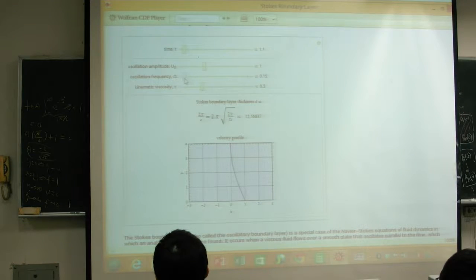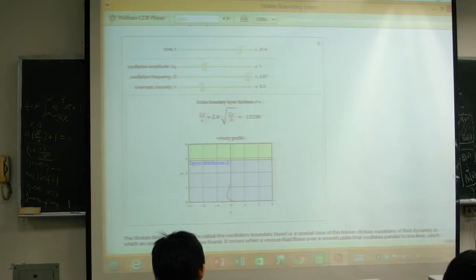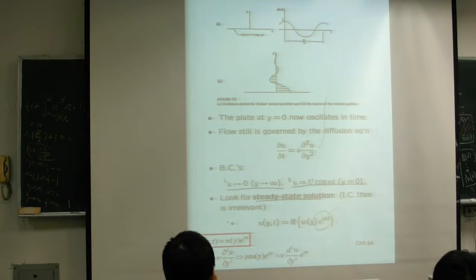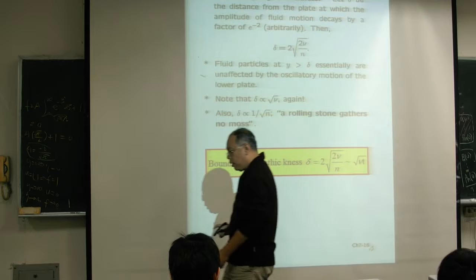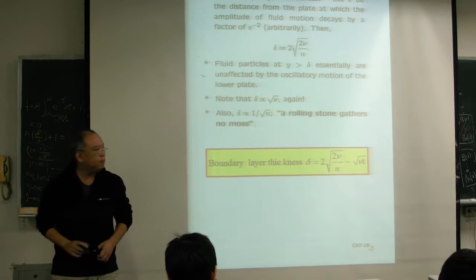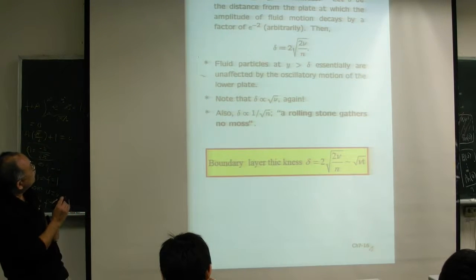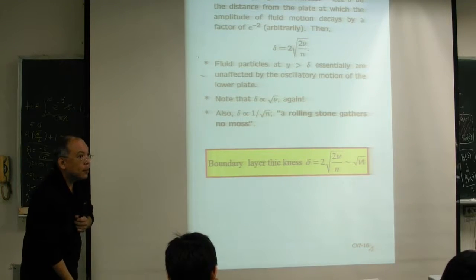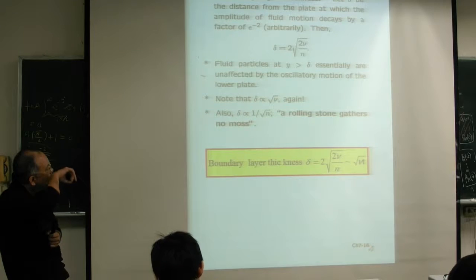And if I choose n bigger, you can see the difference between the two cases. When n is a large number and when n is a small number, you have a different boundary layer thickness here.